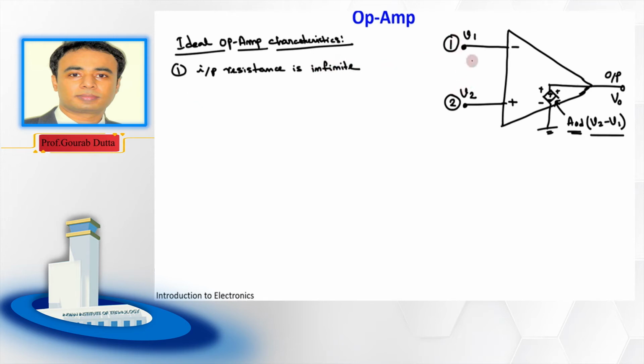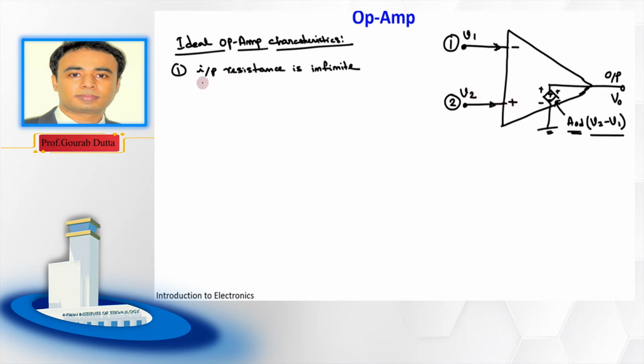If the input impedance is infinite, and you connect a voltage source V1 here, can any current flow into this op amp? No, right? Similarly, there will be no current flowing from V2 to this op amp.